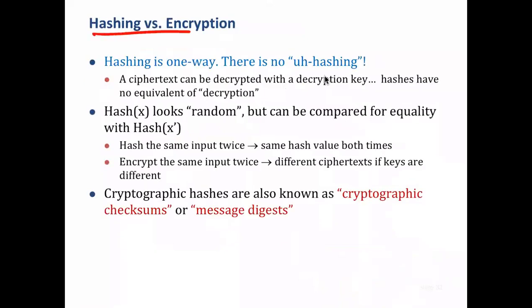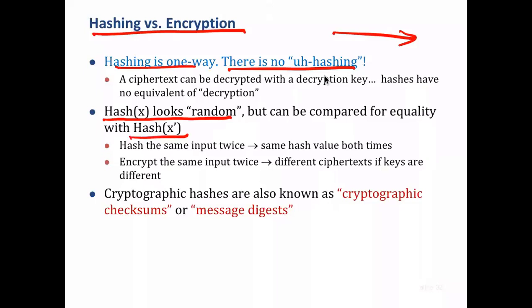Hashing versus encryption. Hashing is one way and there is no unhashing because of the one-way property. From the signature you cannot get the original one. Okay, hash h(x) looks random, but can be compared for equality with hash of x dash.